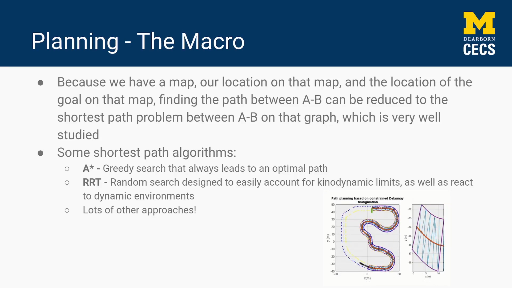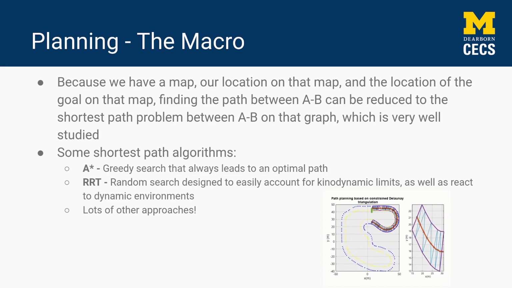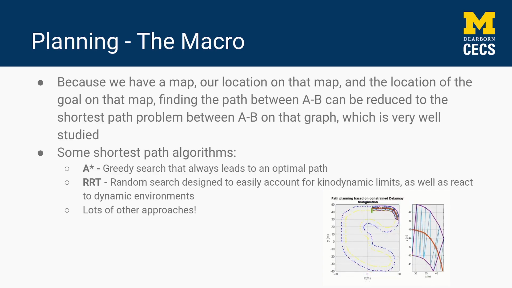Like I mentioned earlier, there's a very good chance you've actually already seen this in a class. It's very, very well studied since the 1950s. See Dijkstra's algorithm, traveling salesman problem, all that. That's all this is. And so because of that, there's an absolutely ridiculous number of algorithms you can use.